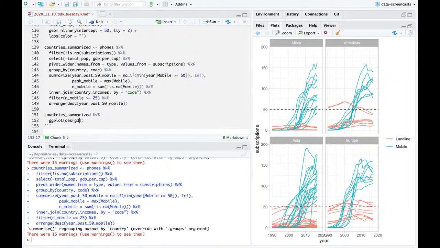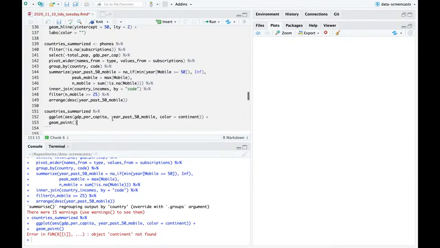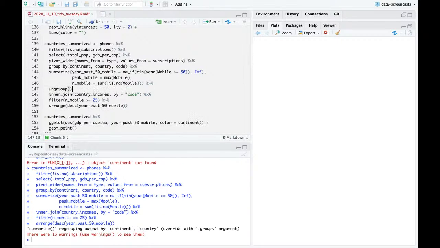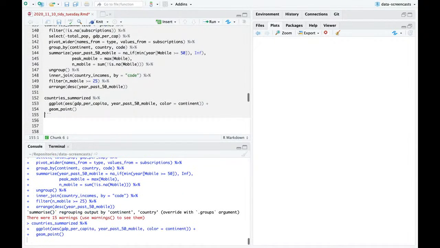We can say GDP per capita by year past 50 mobile, geom point, and color equals continent. Throw in an ungroup, because anytime you group by 3 things in summarize, it's going to leave it grouped by 2 of those things.